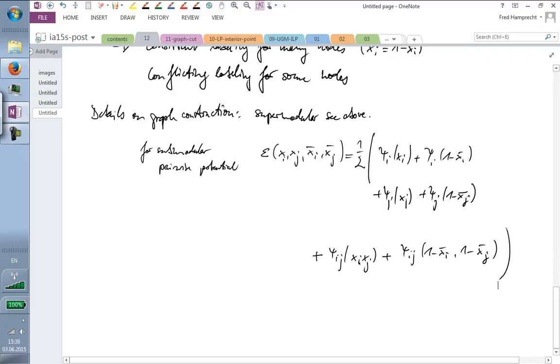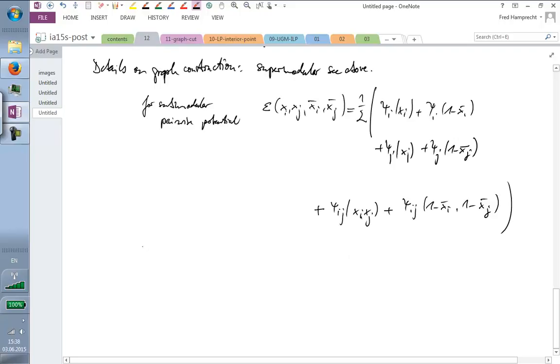And I can again draw you the graphical model that goes with this. So if this is xi bar and xi, and here we have xj bar and xj, then I again have the unaries just as before. But now this is what it looks like.